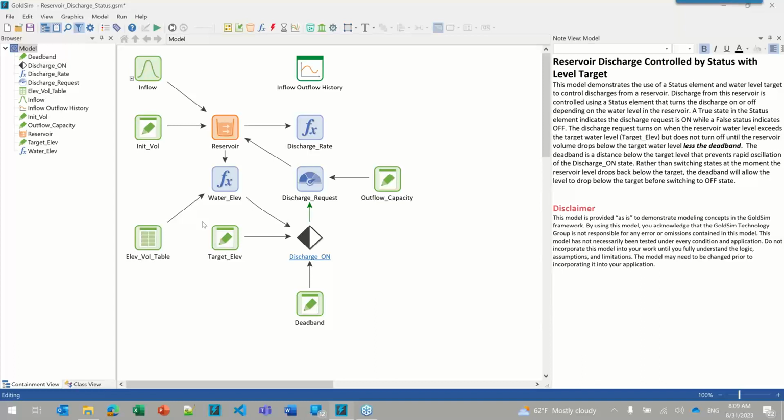As uncontrolled inflows are entering the reservoir, we need to react to it. And I realize that in your models you might not always have that scenario. Sometimes you have controlled inflows, sometimes you don't. So that's a bit of a simplification we're using here.